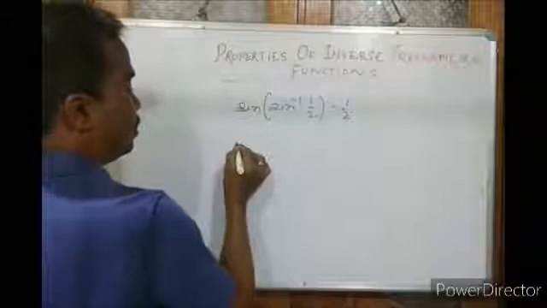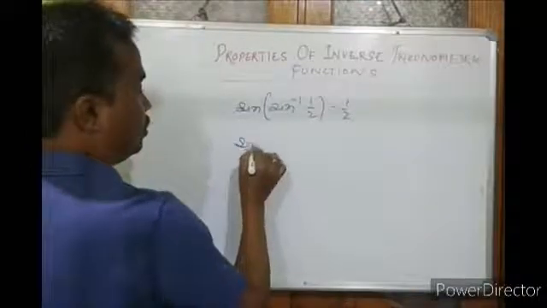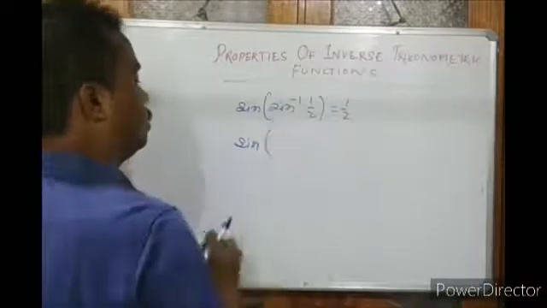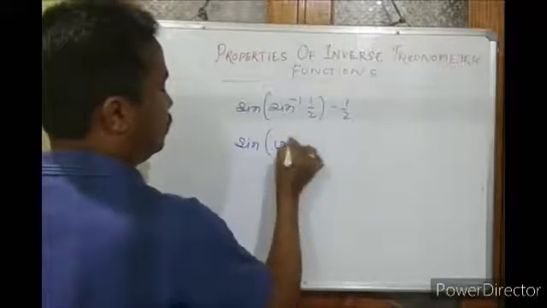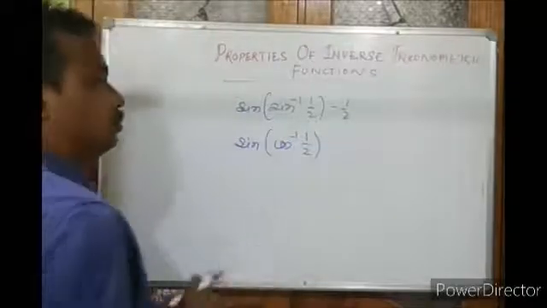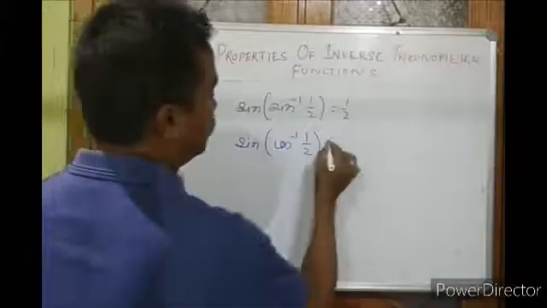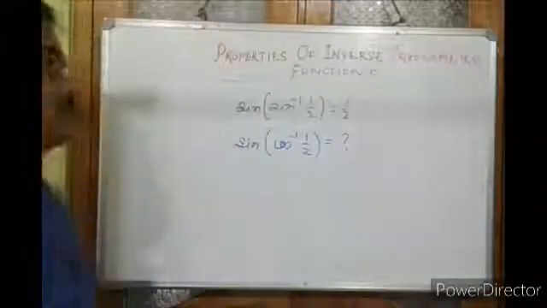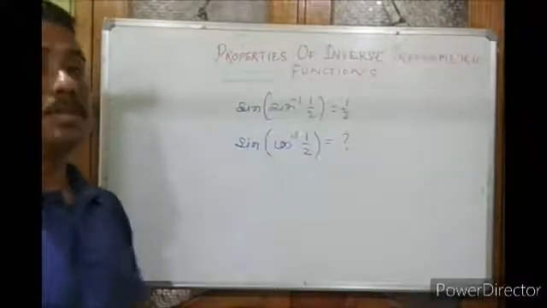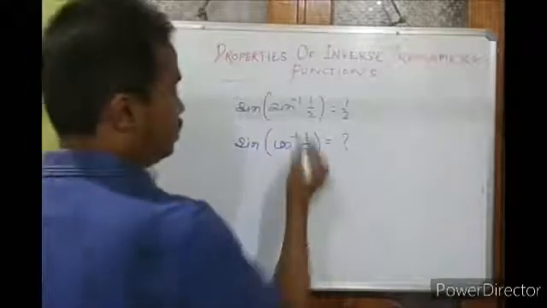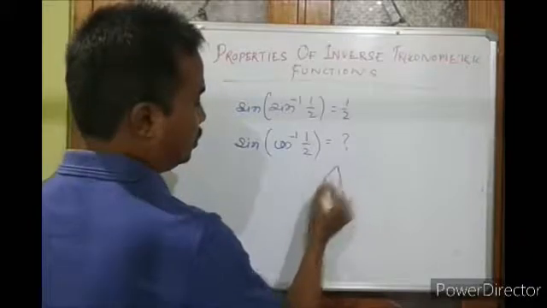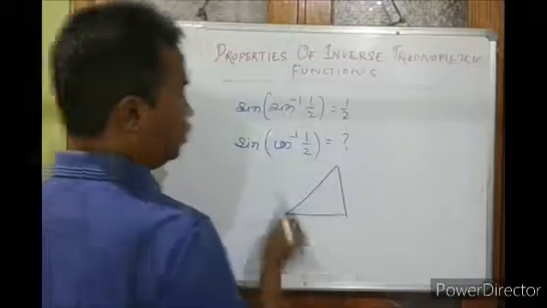Now if it is something like sine of cos inverse half, then we have to change cos inverse half into sine inverse. This can be done very easily using a right triangle.